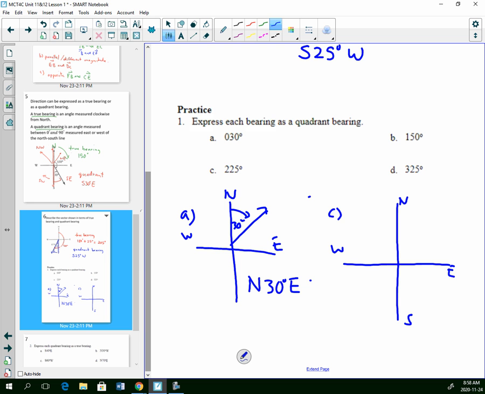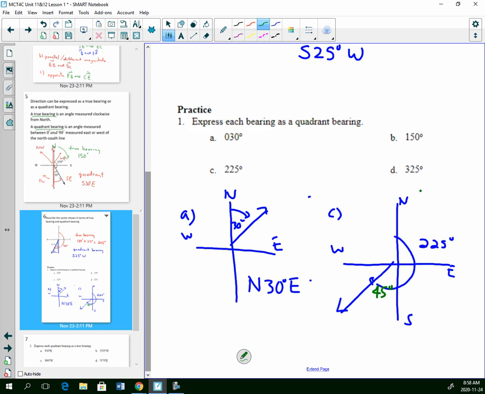So 225 is 90, 180 all the way over here. So I have to figure out this angle here, right? This is 180. So we never measure from east or west, we're going to measure either from north or south. So this angle here would be 45 degrees, okay?